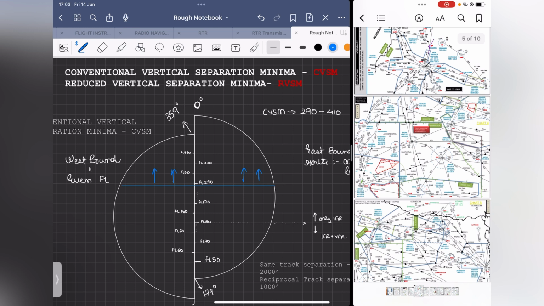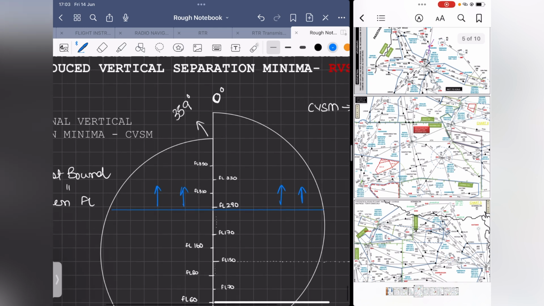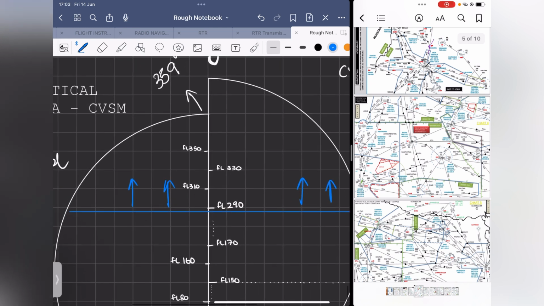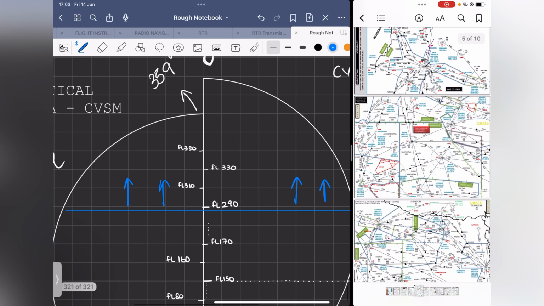Fine. What happens in RVSM? The same thing, like I told you, everything is the same up until flight level 290. What changes is that the separations remain the same as they were below flight level 290.